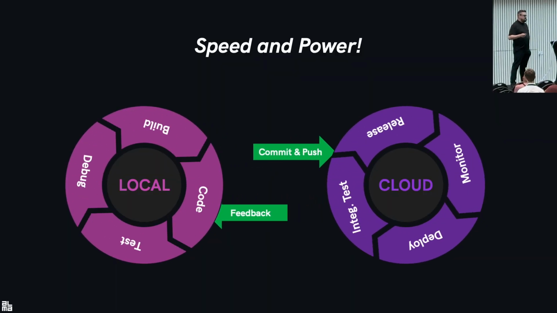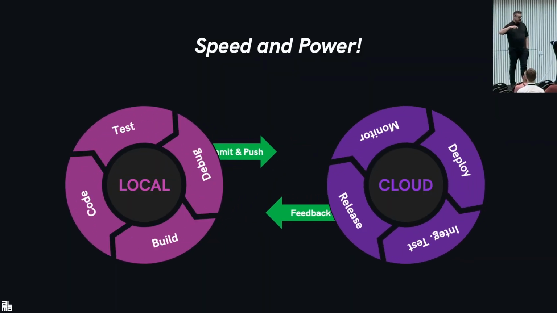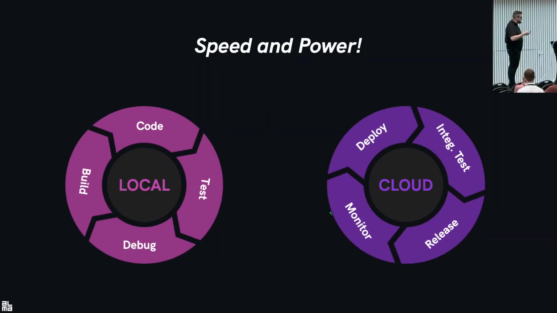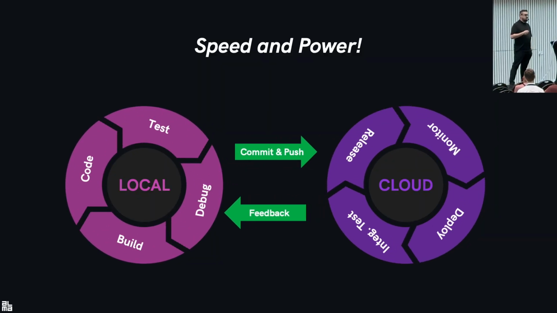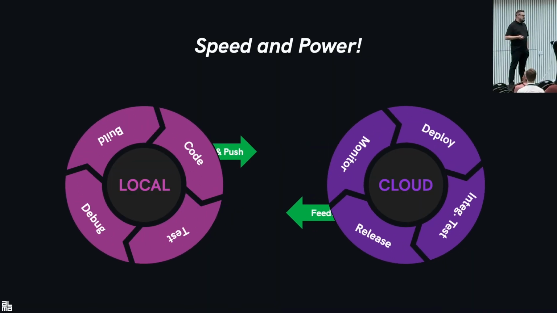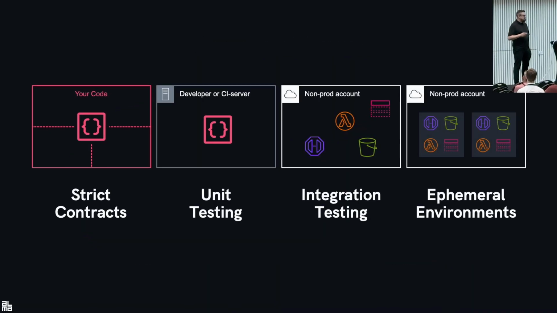And finally, when we push something, we trigger those integration tests, and we can utilize those ephemeral environments, and we get some actual feedback from a real cloud environment. And these are, let's say, the 4 main things of how I think about developing Lambda functions.